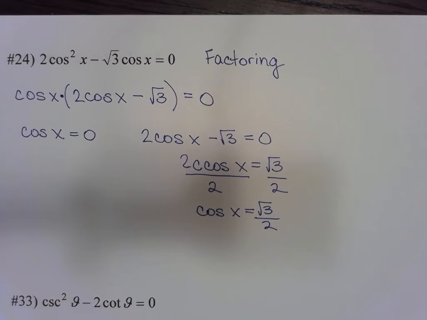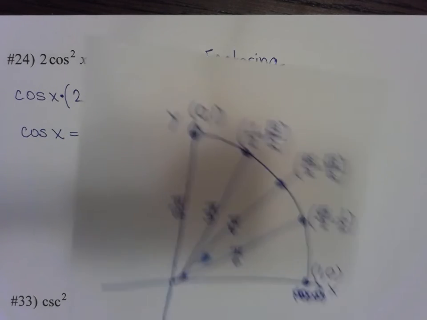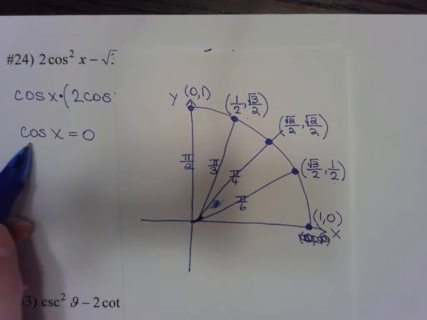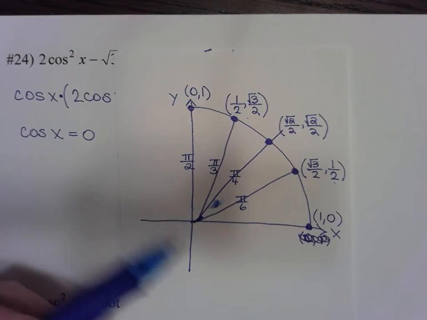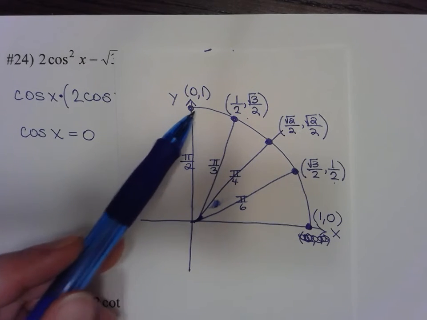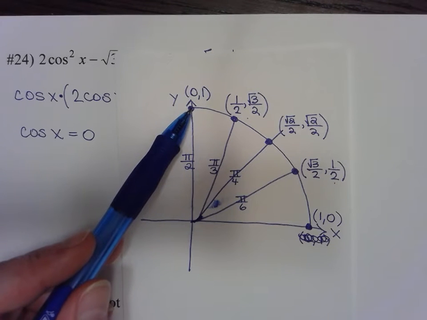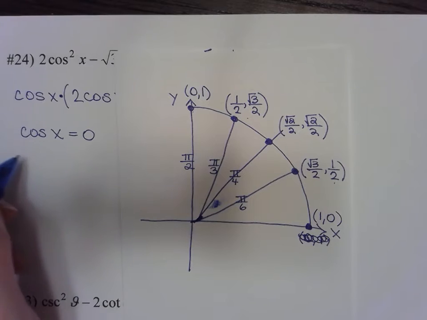All right, this may be the stage where you want to bring in your unit circle. So for the cosine of x equals 0, you want to look for a place, or more than one place, where the cosine is 0. This would definitely be one place, right? Cosine is the x. So pi over 2.